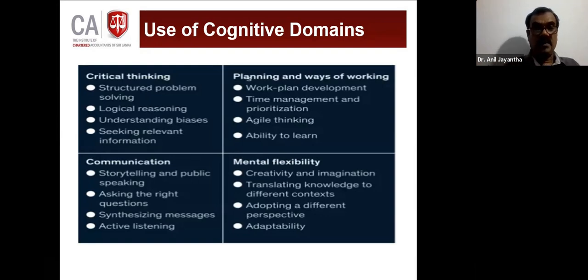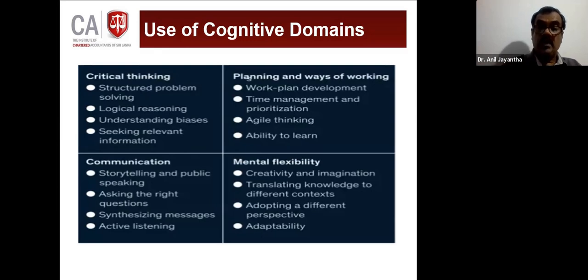Active listening is a general thing, so there is no direct link to this course. Mental flexibility, creativity, and imagination also matter and help in answering this case. And translating knowledge to a different context also has practical relevance, but in answering pre-seen and unseen, that is not that much useful.